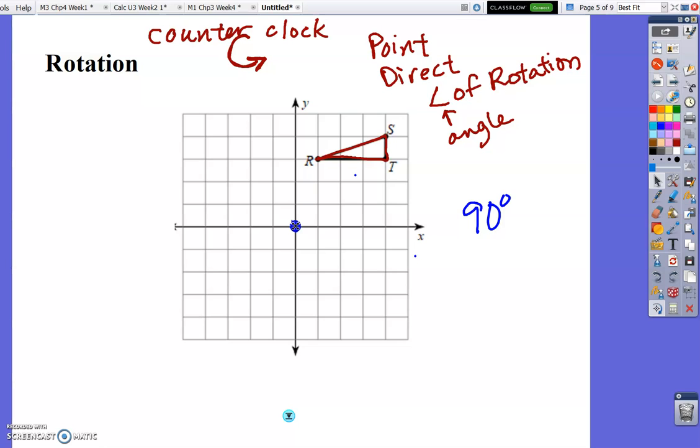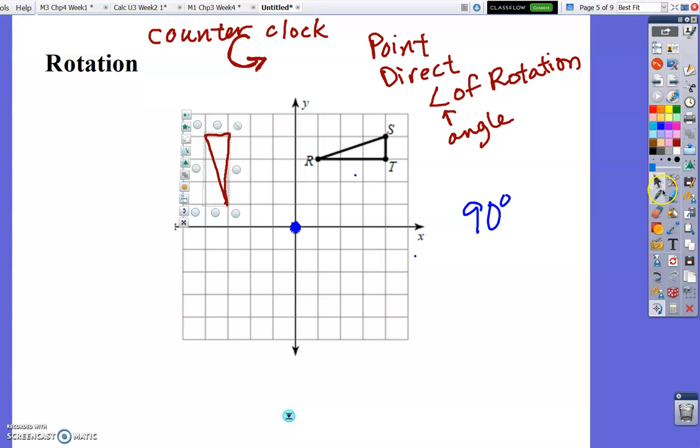So I'm going to go over here to the origin, make sure that's right there. Then grabbing this, I'm going to go counterclockwise, which is this way, 90 degrees. And that's 90 degrees right there.